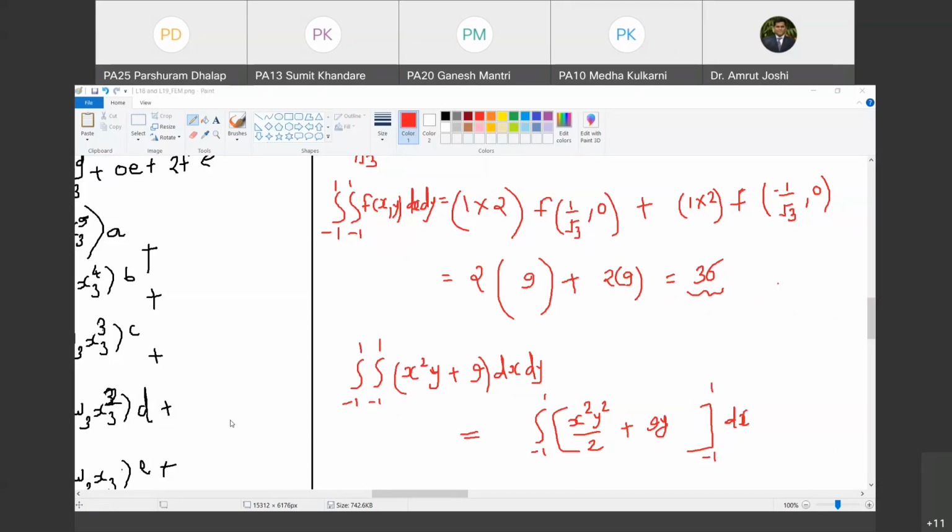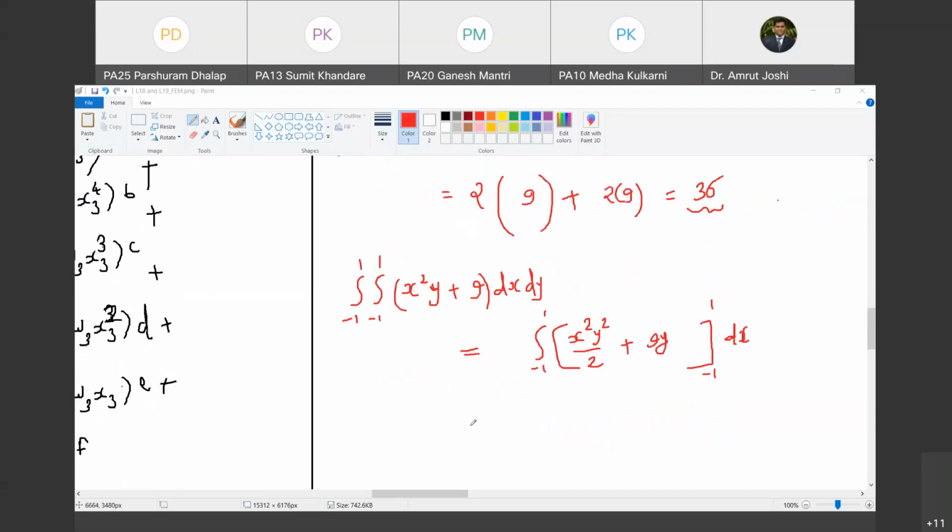So this is y equal to minus 1 to y equal to plus 1. Wherever there is an even power of y, that term is going to vanish, and what remains is only this term. Do you agree with me? And it becomes 18, and its integration from minus 1 to 1 dx.